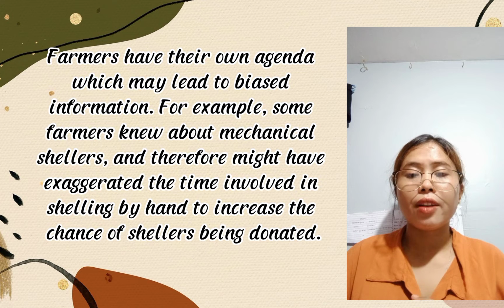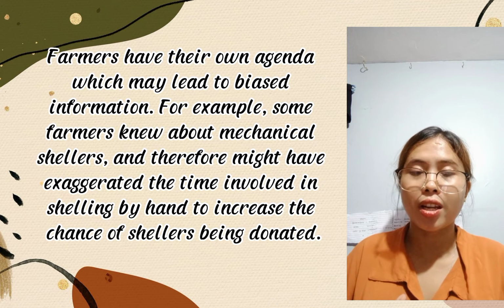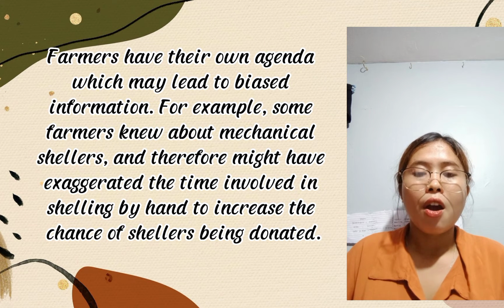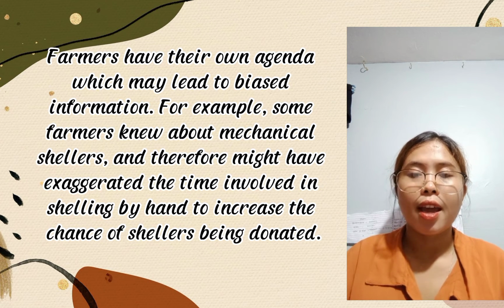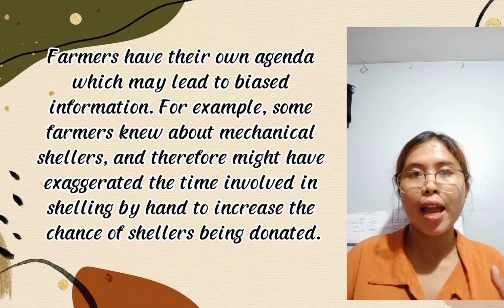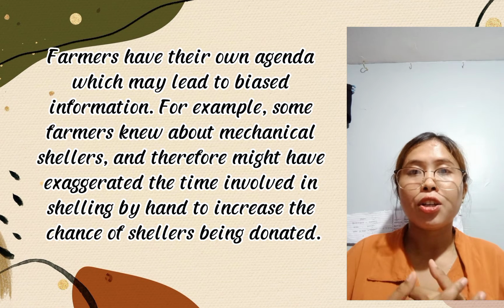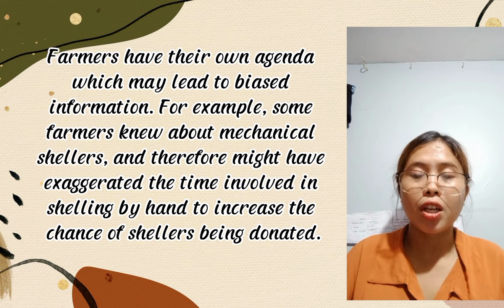Another disadvantage of the seasonal calendar is that farmers have their own agenda, which may lead to biased information. For example, some farmers knew about mechanical shellers, and therefore they might have exaggerated the time or level of time spent on shelling, to increase the chance of shellers being donated.